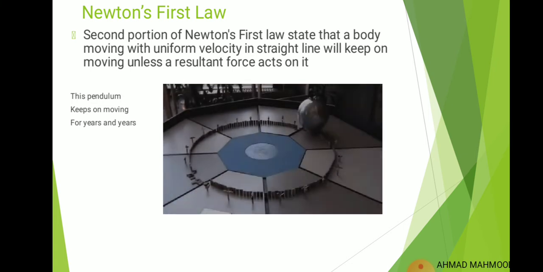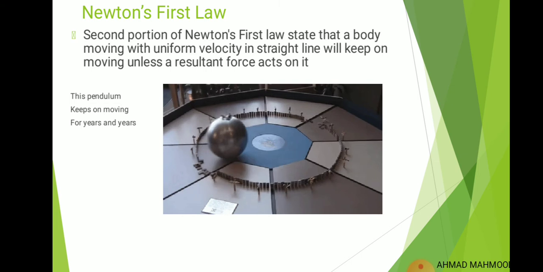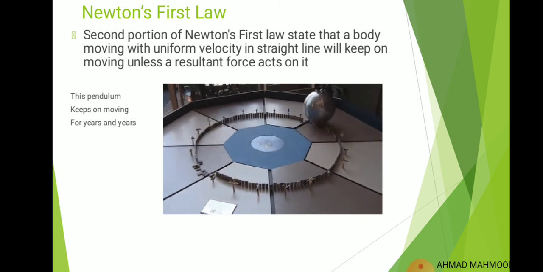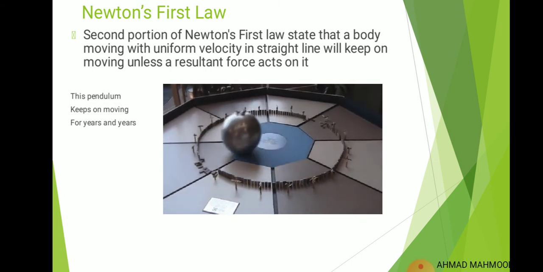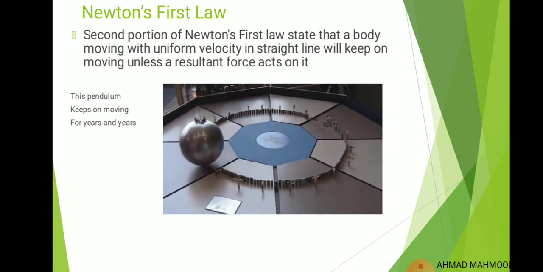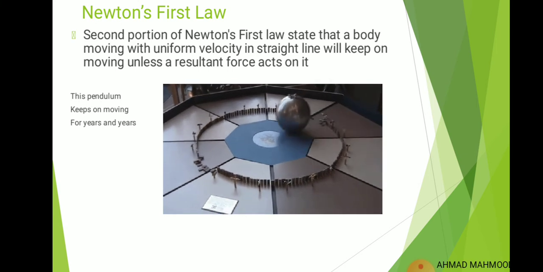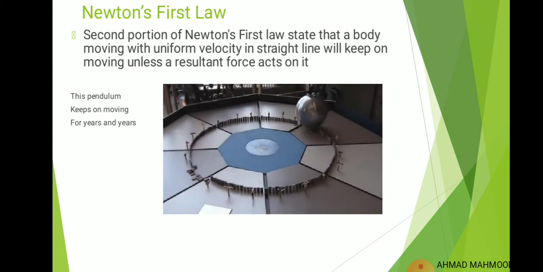It is so polished that there is no air resistance, so there is no friction due to air resistance as well. Because there is no force which is going to stop this pendulum, it will keep on moving for years and years once displaced.